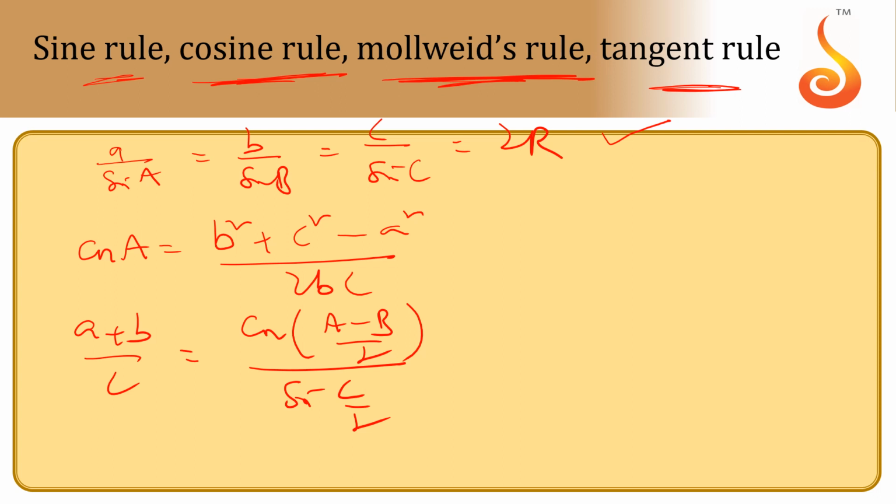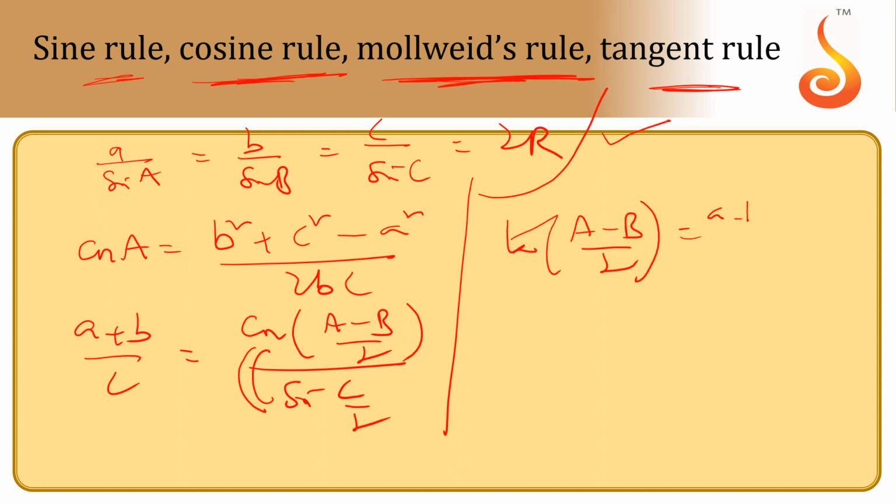Similarly, if you have a minus b by c, the sine function and cos function interchange. Remaining things will be same. And tangent rule. Again, tangent rule is an application of sine rule only, which is tan of (A minus B) by 2 will be (a minus b) by (a plus b) cot C by 2. Tangent rule is also named as Napier's analogy.